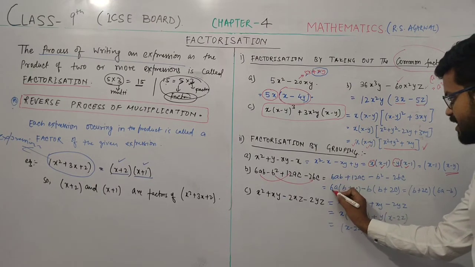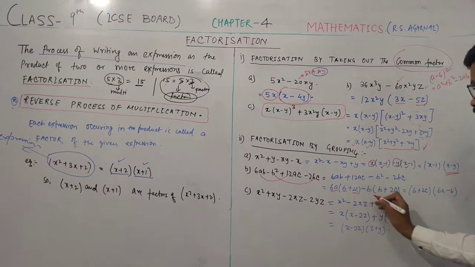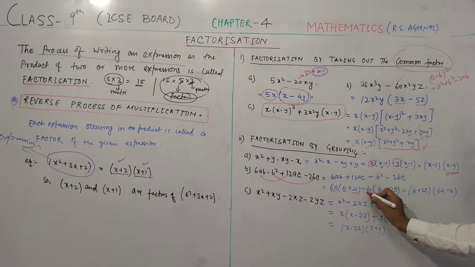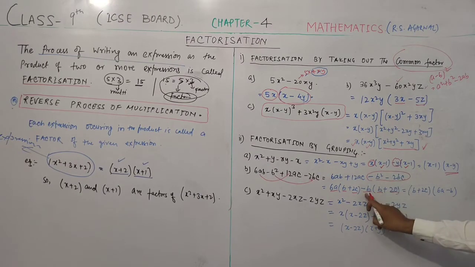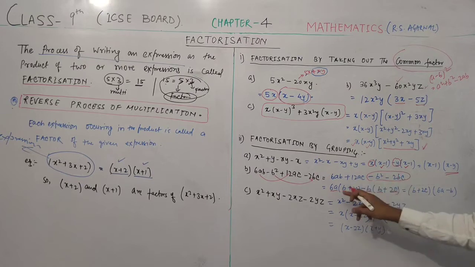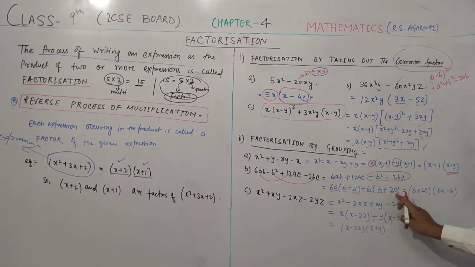I take 6a common, so the remaining one is b, and from here 2c. Now if I take minus b common, the remaining one is b, and the minus is common so this is plus, and the remaining one is 2c.